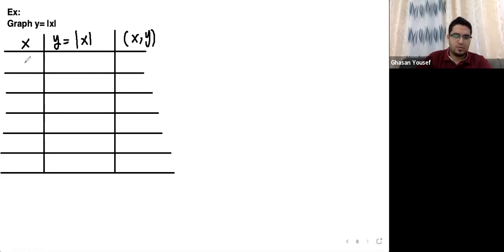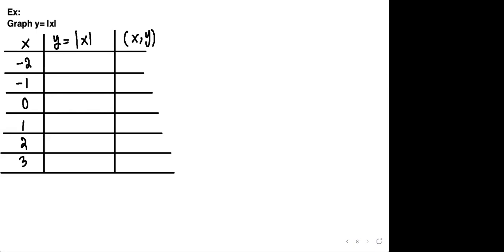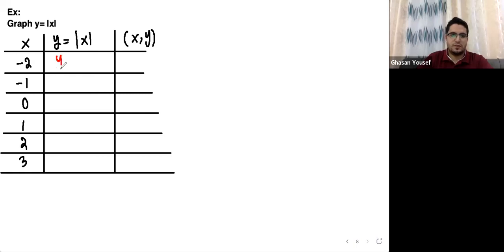So I'm going to choose random points: -2, -1, 0, 1, 2, and 3. Now, what's the absolute value for the first point? 2. For the -2 is 2. This is correct because the absolute value changes the negative to the positive. So the absolute value for -2 is 2.